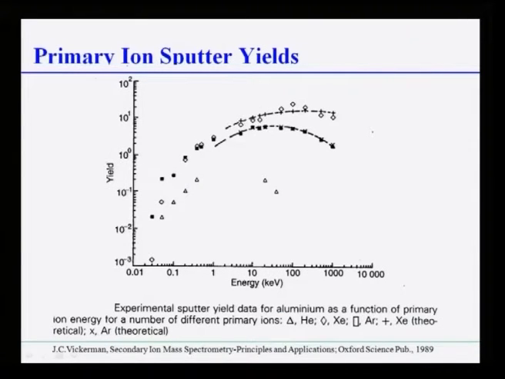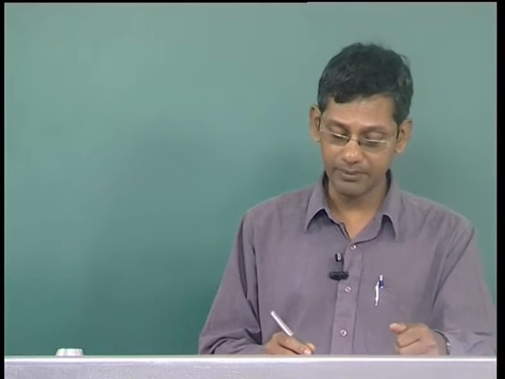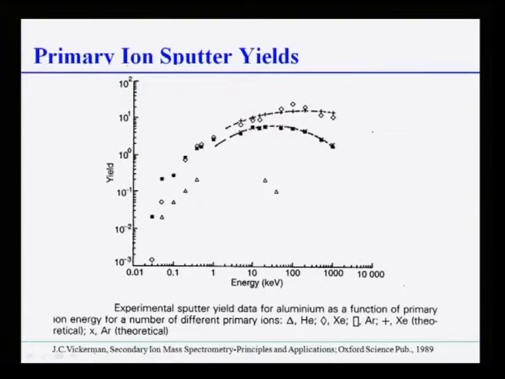Now, it is also important to know the sputter yield, that is, when primary ions are sputtering, how many secondary ions are created per unit primary ion. This is taken from Benninghoven's book. This is a plot of yield versus energy. As you see, yield varies from 10 to the -3 to 10 to the +2, that means from a very low value to 100, and these are the different data for helium, xenon, argon, or some theoretical calculation.